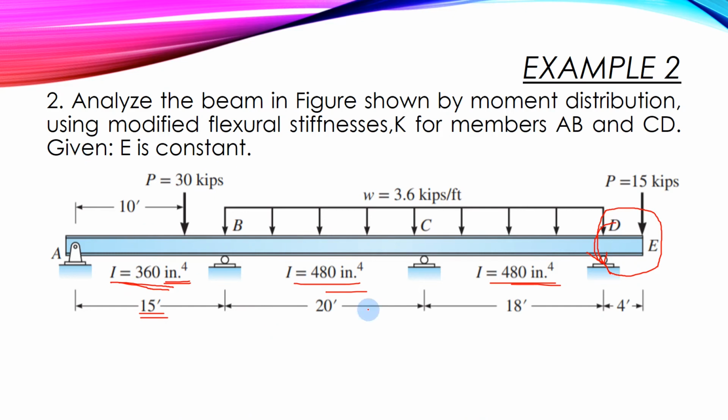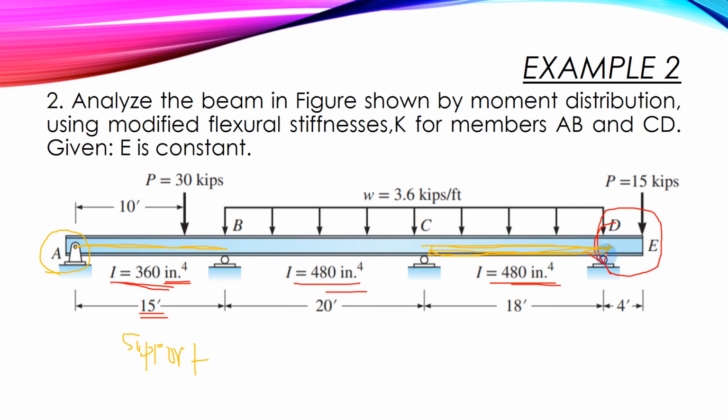Second is, why is it modified? AB and CD are modified because, in order to modify a segment, the rule is that the support at the farthest end should be a hinge or roller. A is the farthest end of the beam, and D is also a farthest end.